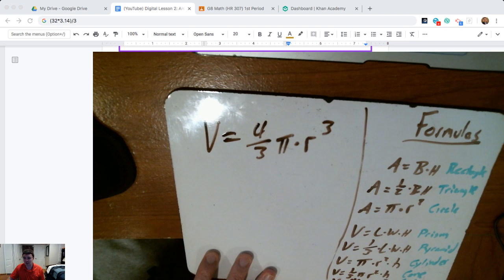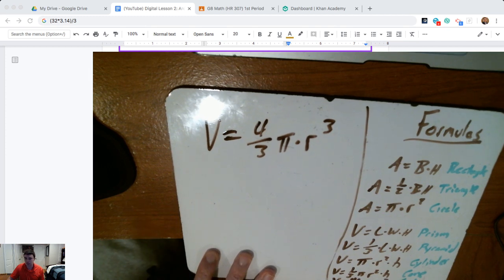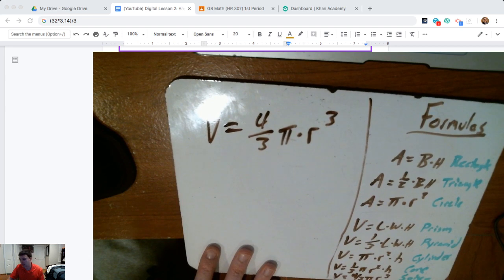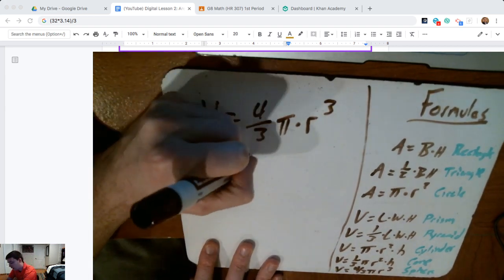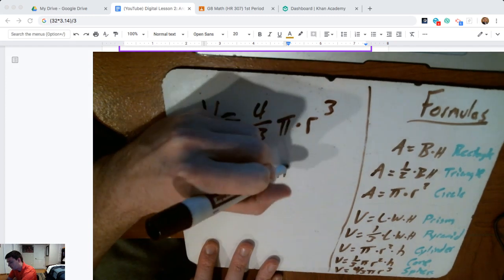Totally okay, as we're getting familiar with it. Yep, the sphere is a little different. It's the one that has r cubed, because the radius becomes the height. That's kind of one reason it's got r cubed, and the other ones have r squared times height. So our radius, I'm with Donald, is 9 here. So if the radius is 9, I'm going to plug that in for r. Instead of r cubed, it becomes 9 to the 3rd power.